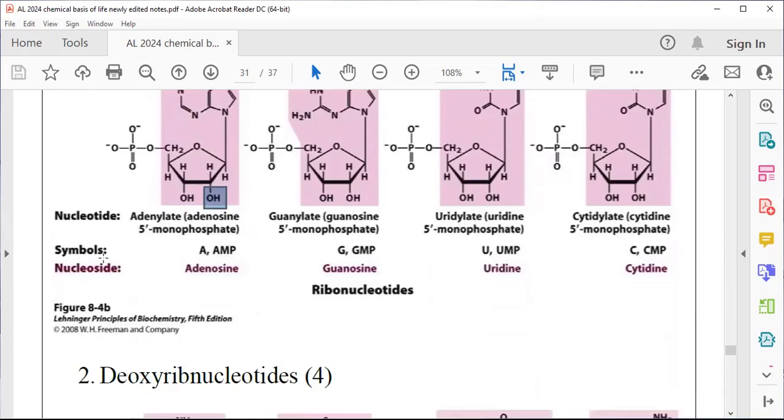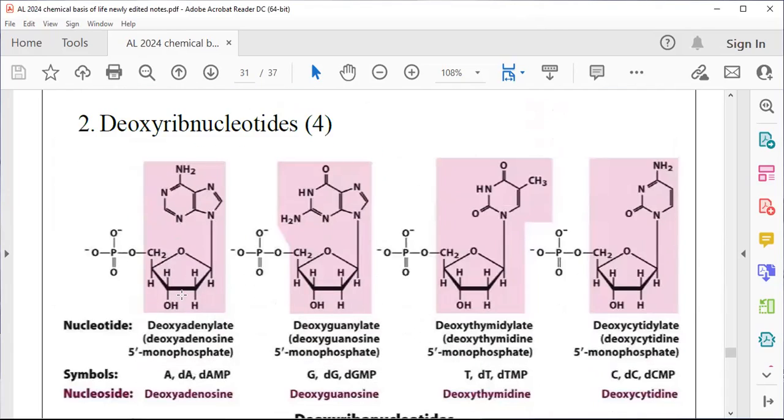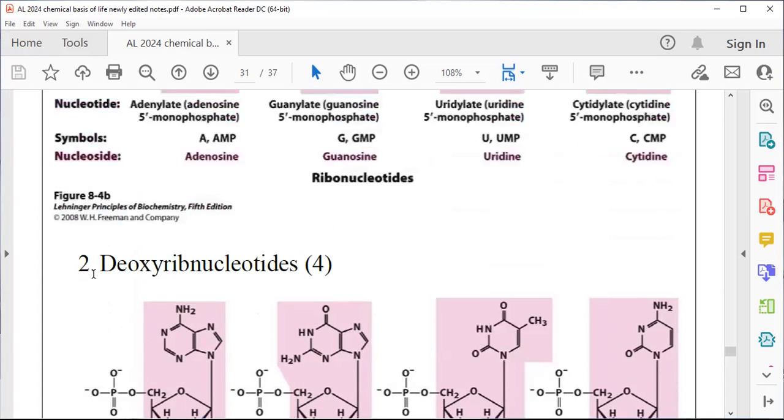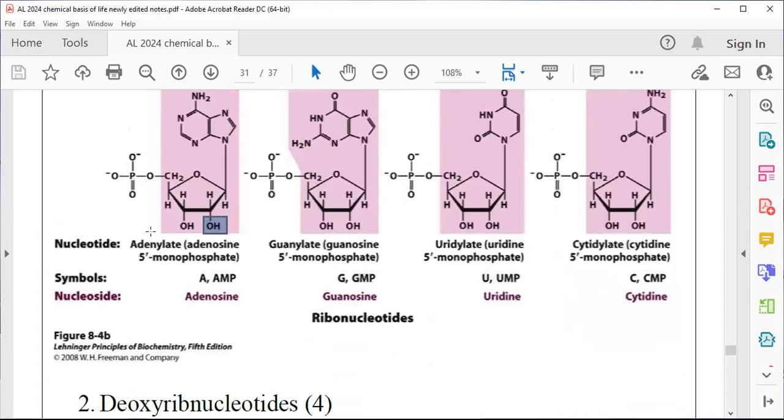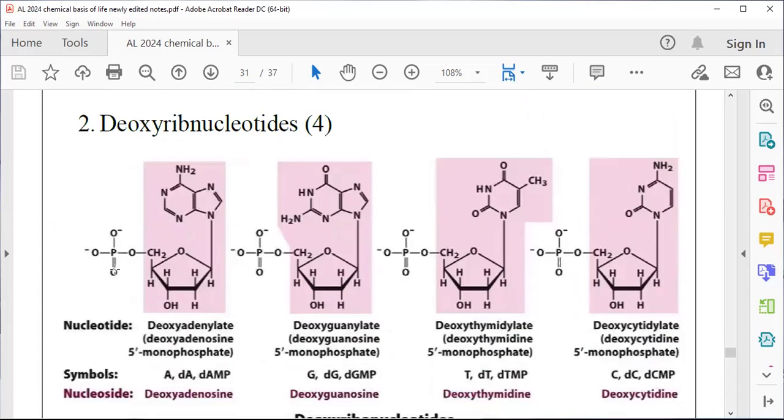Yes, sir. In this place, what do you have? Hydrogen. O is gone, correct? That is how we have to identify ribose and deoxyribose. In this place, if there is OH there, then it is ribose sugar.